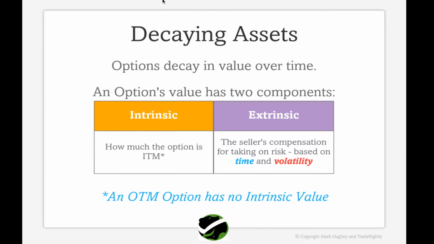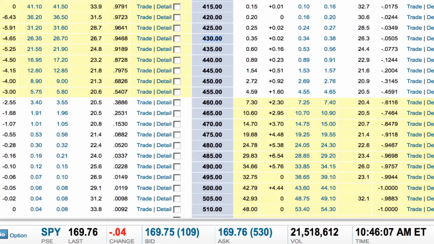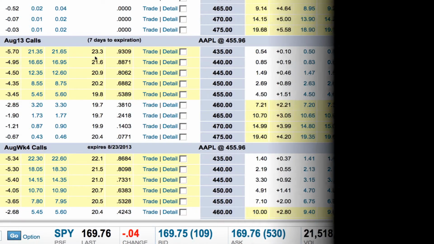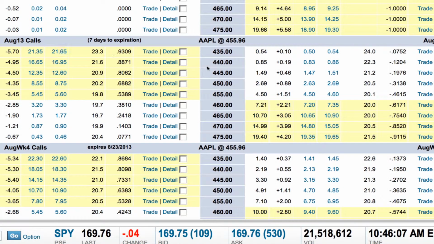So let's take a look at the chain to see what this means. Let's look at the August 13. They have 7 days to expiration. So we're just looking at the 435 to the 475. If Apple's currently trading at 456, the 455 call is in the money, and it's $1 in the money because Apple is trading at 456.